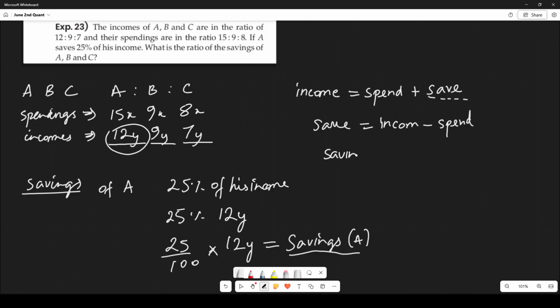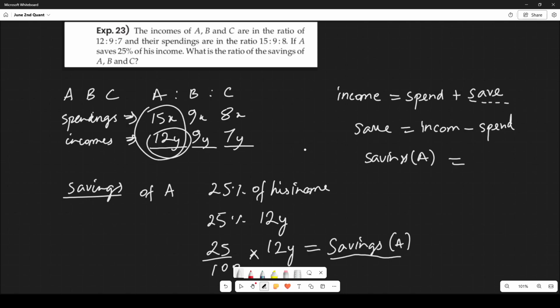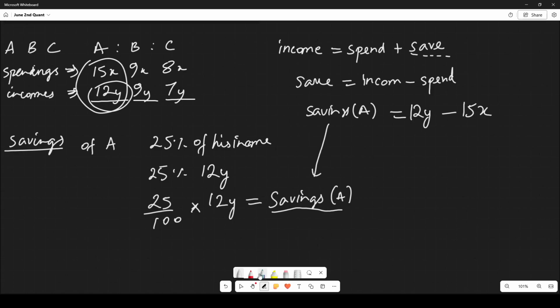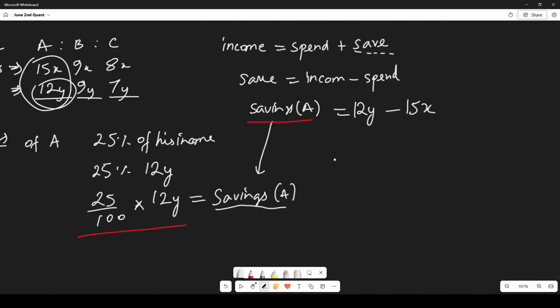Savings of A equals 12y minus 15x, and we also have this value which is the same. So we can just substitute the values: 25% of 12y is the same as 12y minus 15x. I hope that's clearer now.